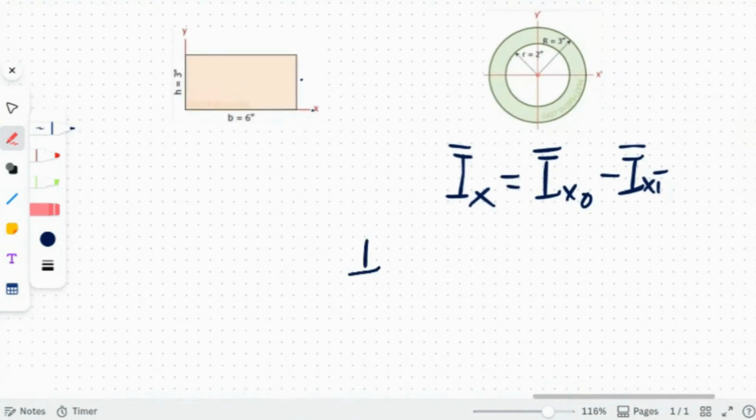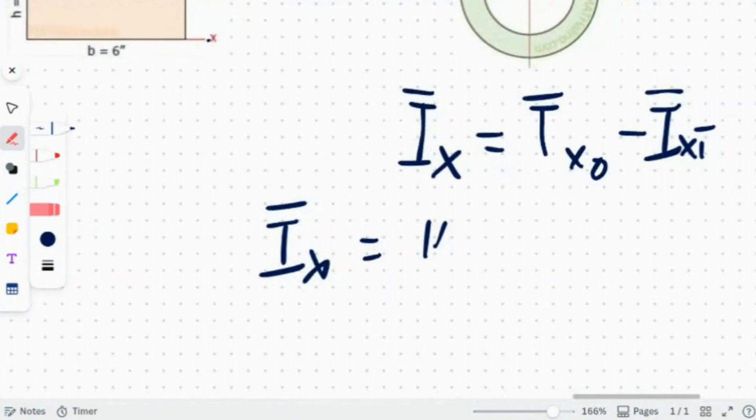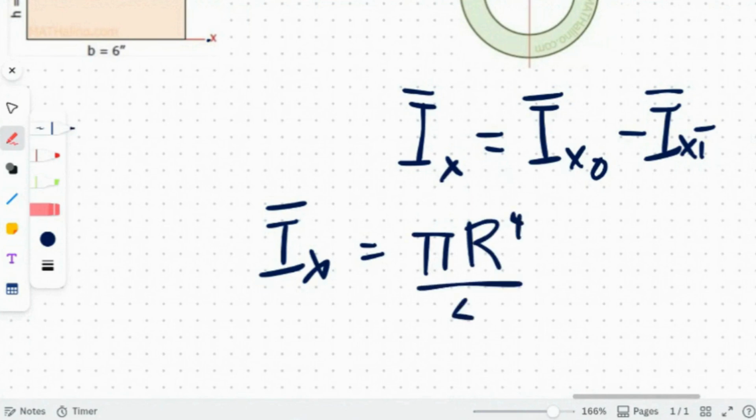So to solve that, it's equal to pi. Let's use a big letter R for our big circle. Pi big R to the 4 over 4 minus pi small r to the 4 over 4.